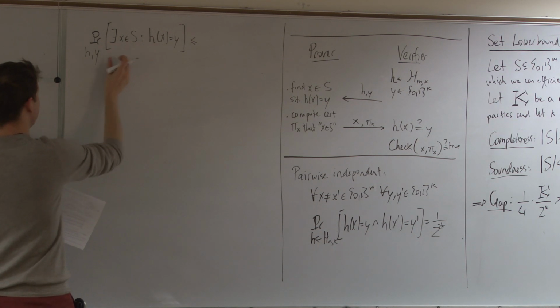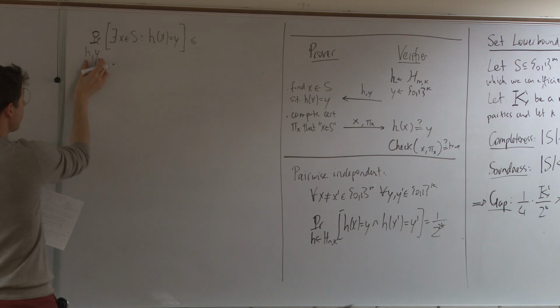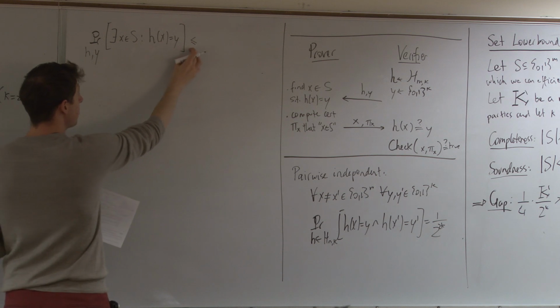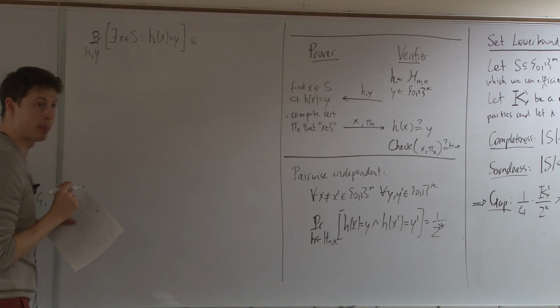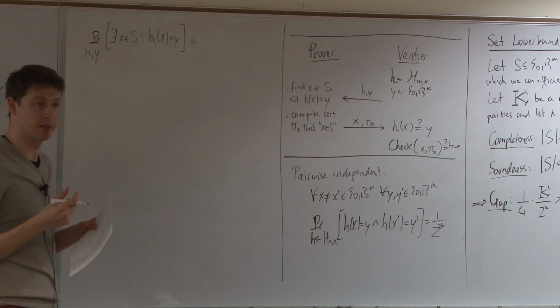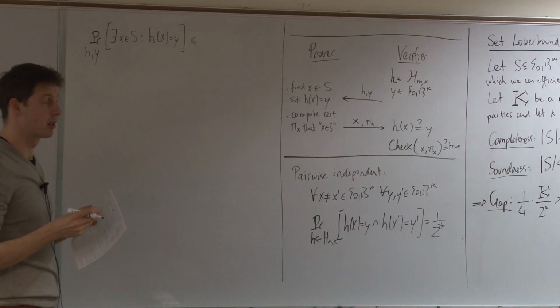The probability over the verifier's message that there exists a winning strategy for the prover is at most what? Let's write it in terms of the size of S: size of S divided by 2 to the length of y.